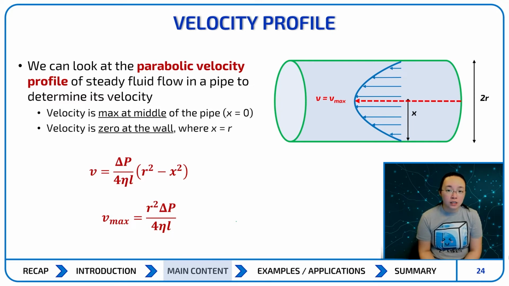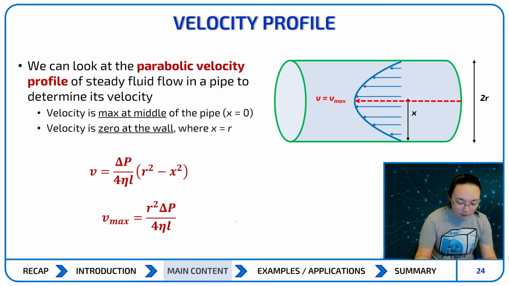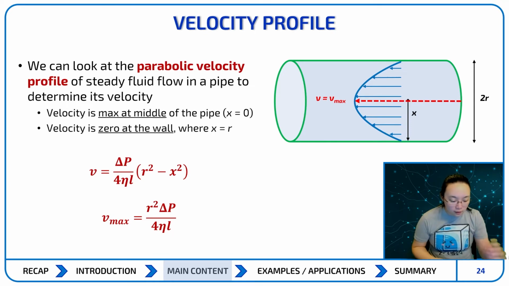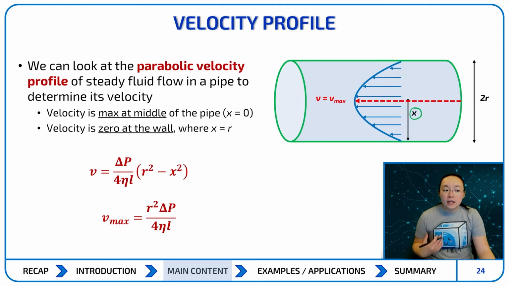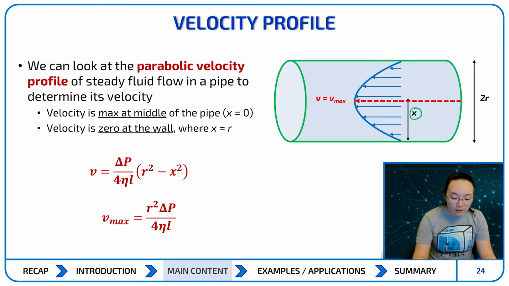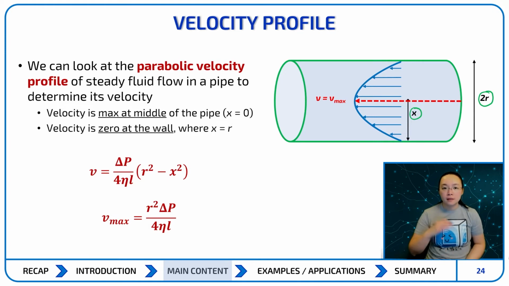So that's usually our definition of a parabolic velocity profile. Over here, you have x as the distance to the center of the pipe, and you have 2r representing the complete diameter of your tube.